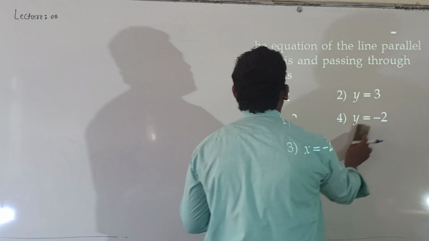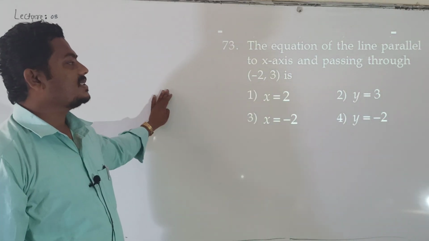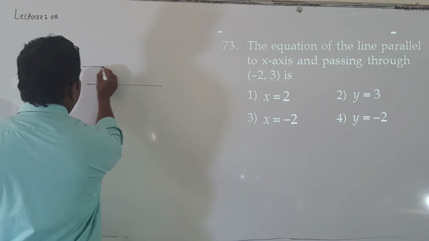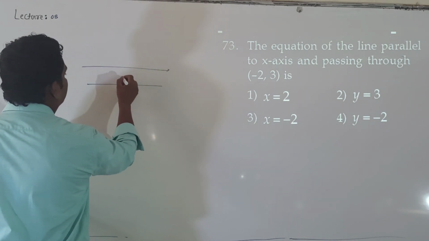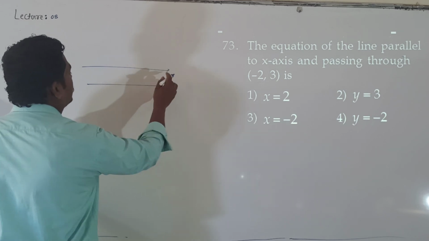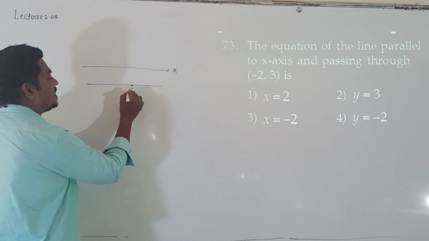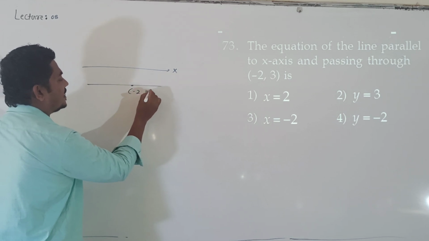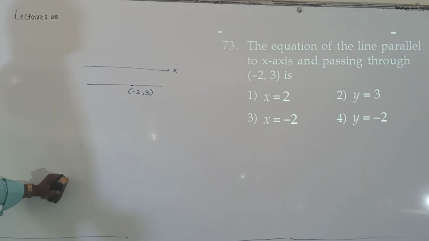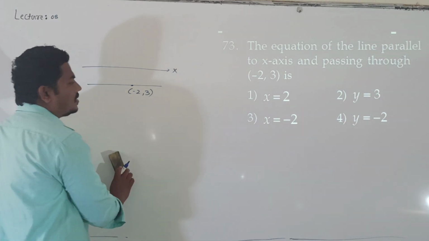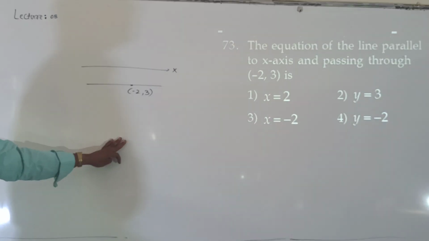Equation of the line parallel to x-axis passing through this point. Our required line is parallel to the x-axis. Suppose this is our x-axis. Our required line is parallel to the x-axis and passing through the point minus 2, 3. Already we have one shortcut formula: y is equal to the y coordinate of that point.